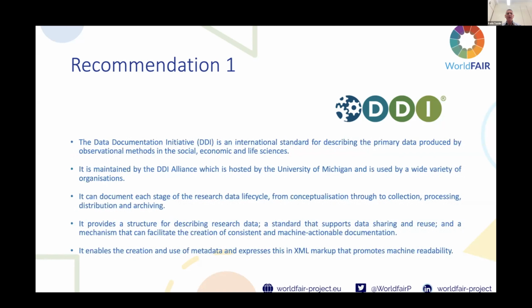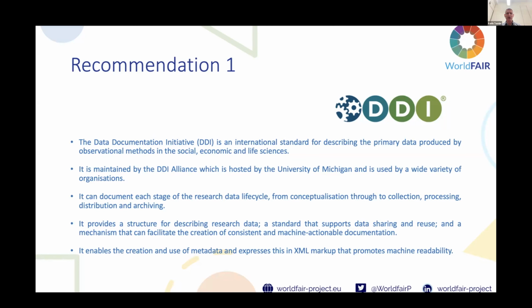DDI itself is an international standard for describing the primary data produced by observational methods, initially in the social and economic and life sciences. It's maintained by the DDI Alliance, which is hosted at the University of Michigan. It's used by a wide variety of organizations, and it can document each stage of a research life cycle. So it's a valuable tool to use, particularly for data producers who don't have prior exposure to doing this.